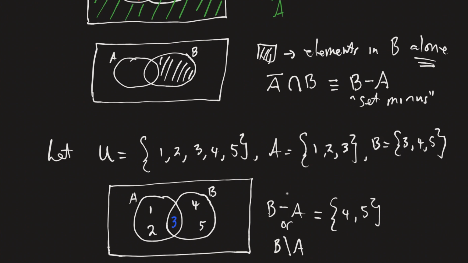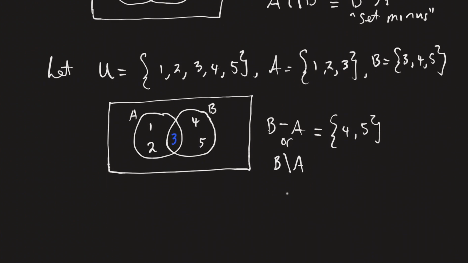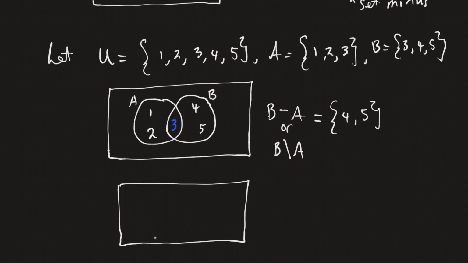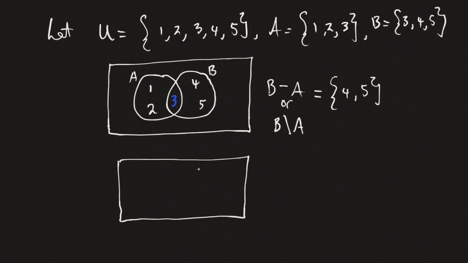So one other thing. Now, what does it look like if you're considering a universe and three subsets of that universe? So let's say A, B, C, right? Let me go ahead and draw something like that. In fact, let me go down a little bit further.